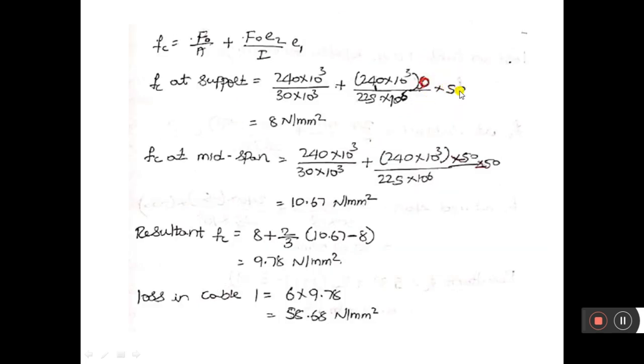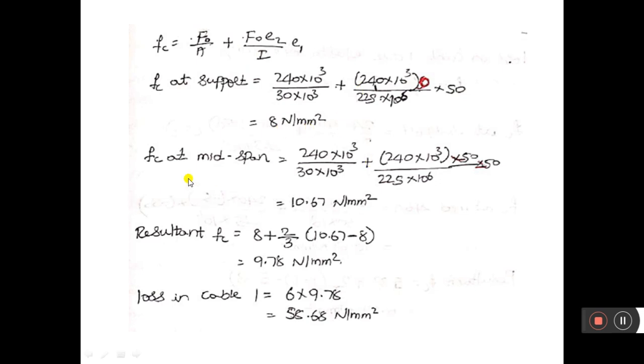So 0 into 50 by I. 0 multiplied by anything is 0, so this term vanishes. Compressive stresses developed in the concrete due to eccentricity at the support is equal to 8 Newton per mm square.